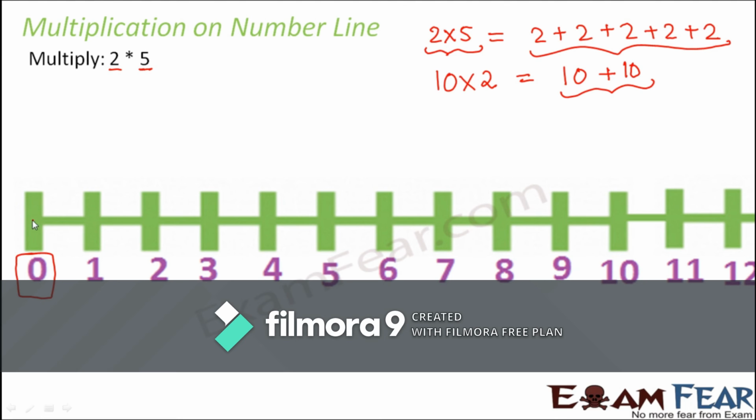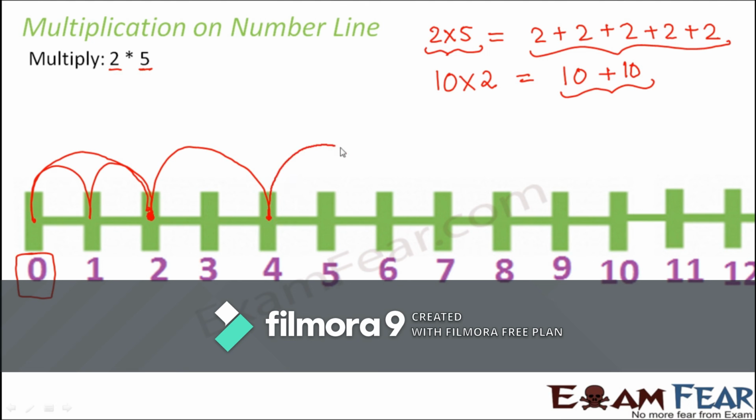Now you are adding something, so you will move towards the right. So 1, 2. This is the first time you added 2. So basically this is your one jump. This is the one time that you have added 2. How many times do you want to add 2? 5 times. So let's add it a second time.